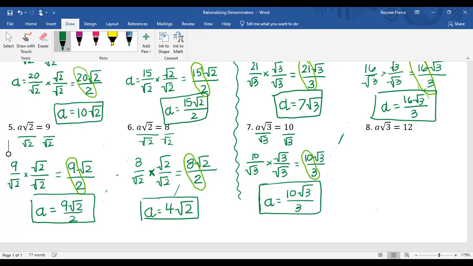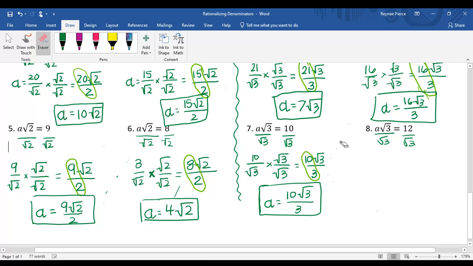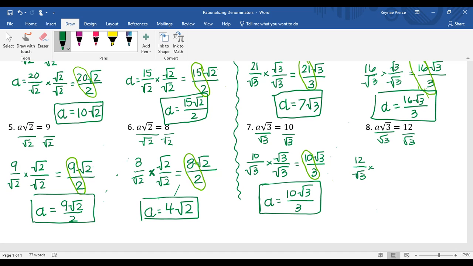All right. Last example here, dividing 12 by the square root of 3. We still want to multiply by the square root of 3 over the square root of 3 to get rid of that radical in the denominator.